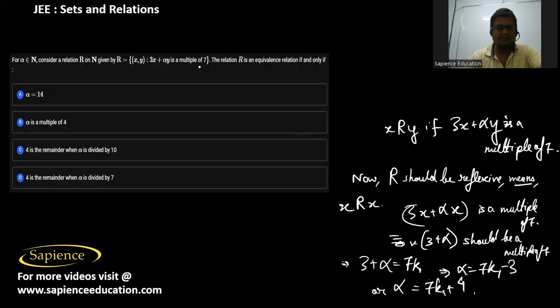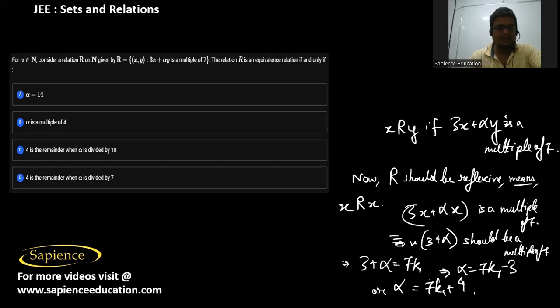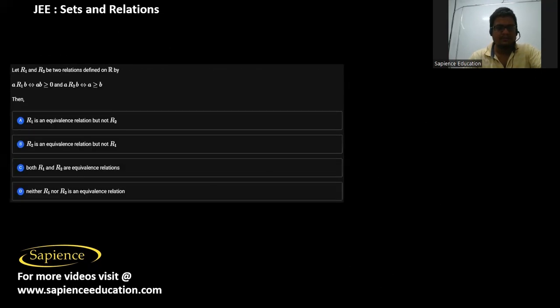So it means that A is related to B, which implies that B is related to A. So it means that x is related to y, and it also means y should be related to x.